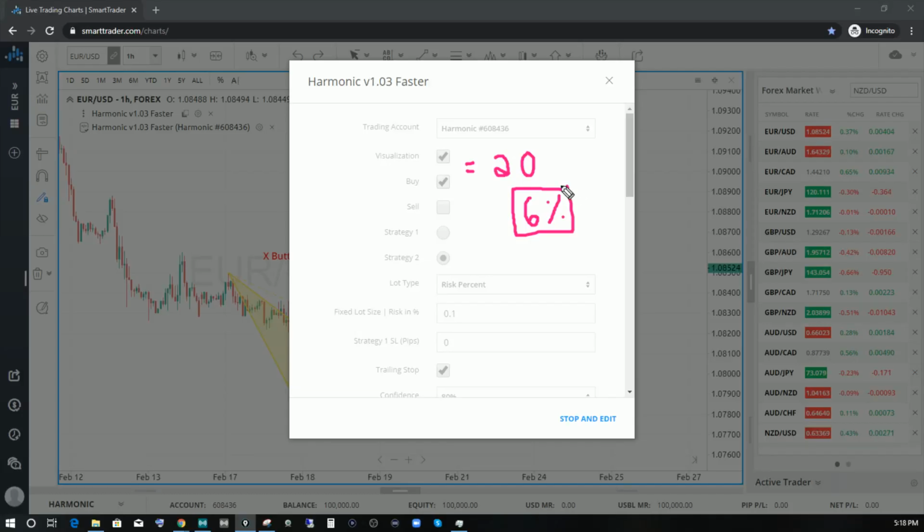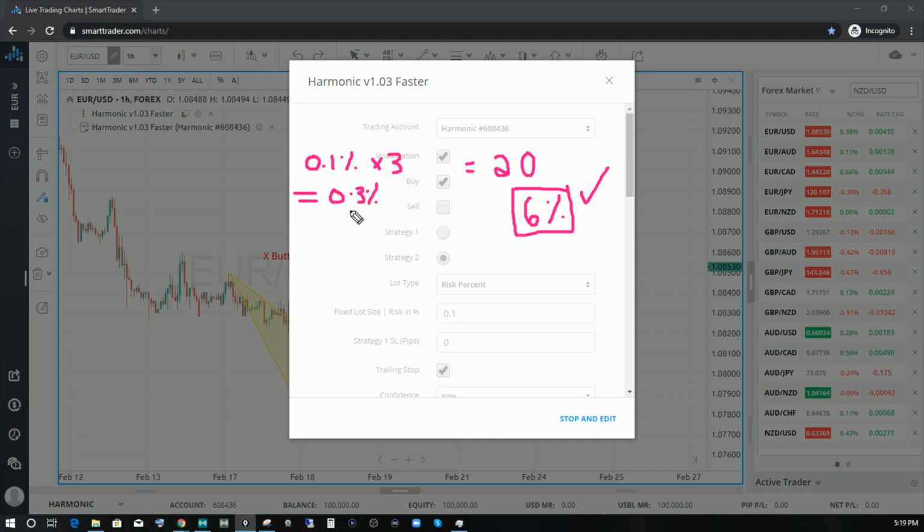Well, 6% would mean this. If that's going to be my total risk that I'm willing to take, then what I need to do is say, where do I start? Well, if I start off by risking 0.1%, and I've got 3 trades on each currency pair that I'm going to enter, that means my maximum risk on each trade is going to be 0.3% total.